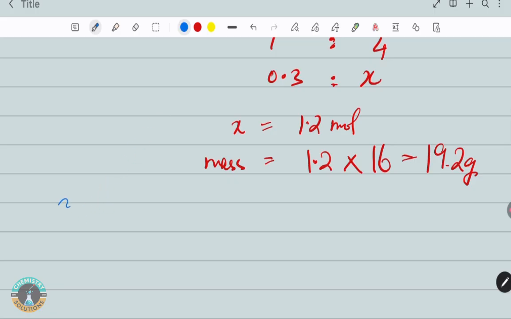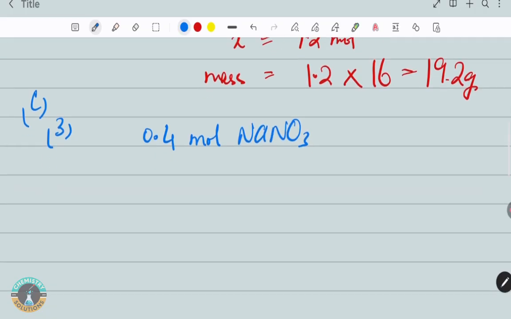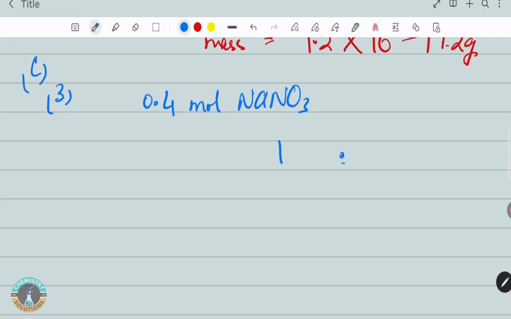Now the third part of the question, the C part: 0.4 mole of sodium nitrate. In 1 mole of sodium nitrate, we have 3 moles of oxygen atoms.